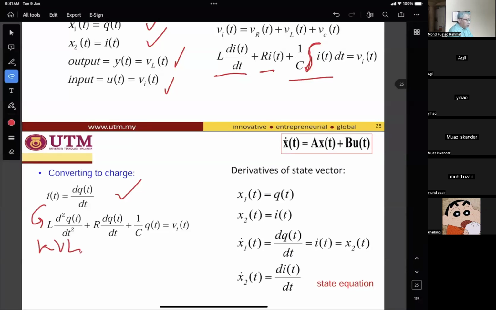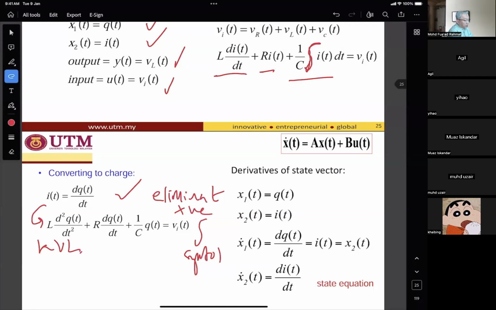Then automatically we eliminate the integration symbol. Okay. So we get 1 over C q of t, equal to VI of t.